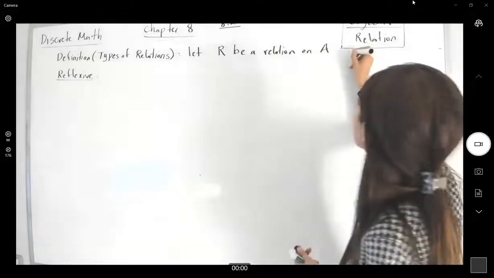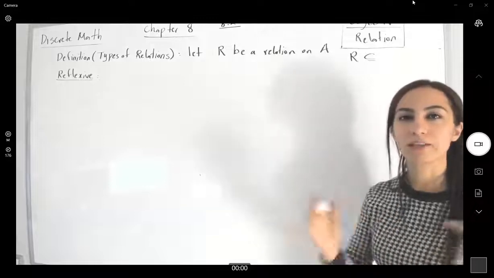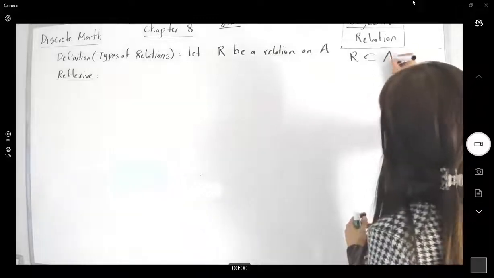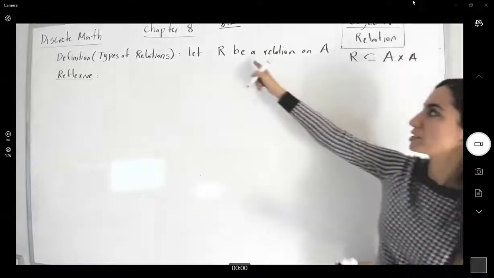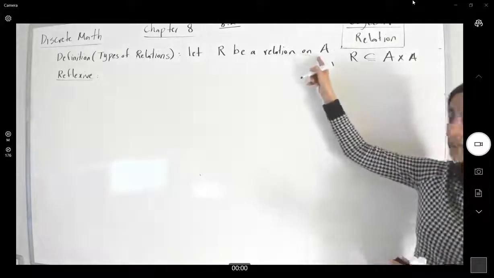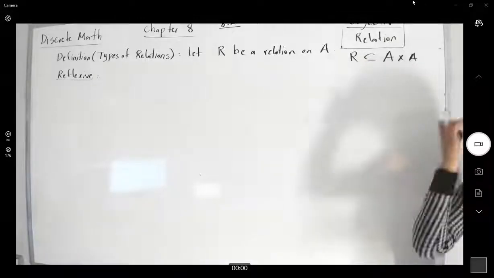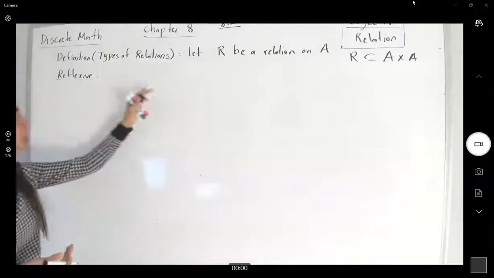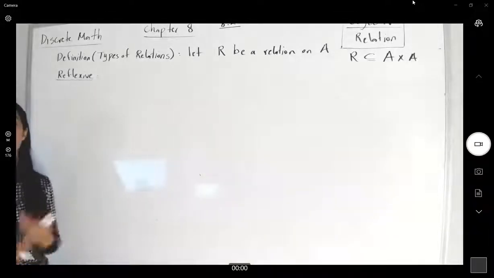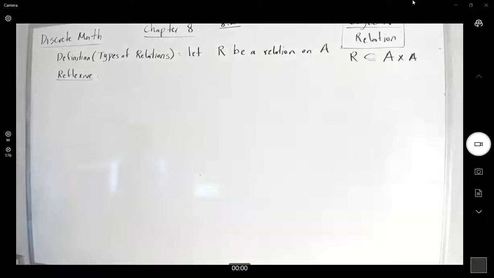It means that R is a subset of Cartesian product between A and itself. So when we say R is a relation on A, it means that R is a subset of Cartesian product between A and A. We say that this relation is reflexive if it follows the following property.